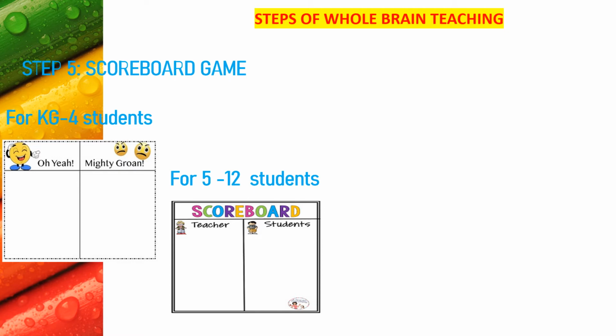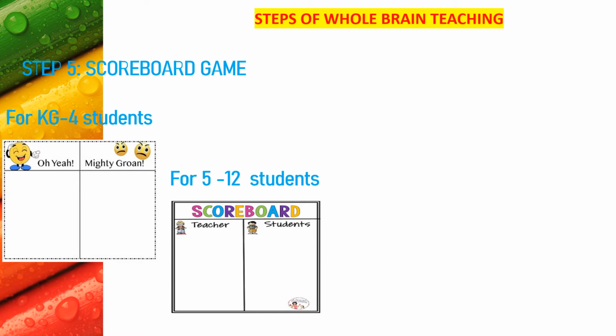So the students are rewarded for their work, and the teacher keeps a keen watch on each and every student, and each student gets Oh Yeah moments and Mighty Ground moments. So it is very balanced. Mostly from KG to standard 4, Oh Yeah and Mighty Grounds are followed.